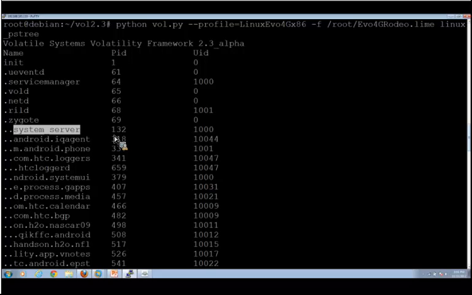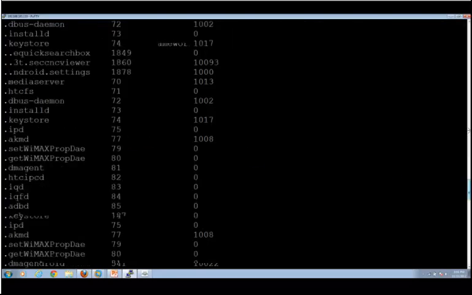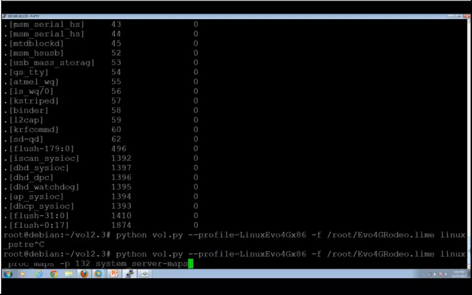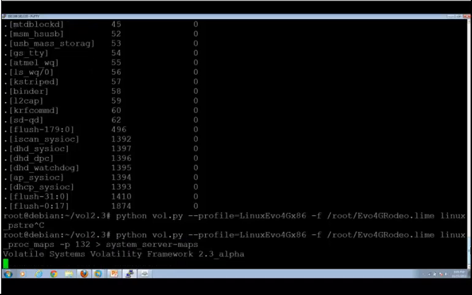So if we look at system server now, this is PID 132, and if we write its maps out, we're going to see that we have a significantly larger number of APKs mapped into this process's memory.